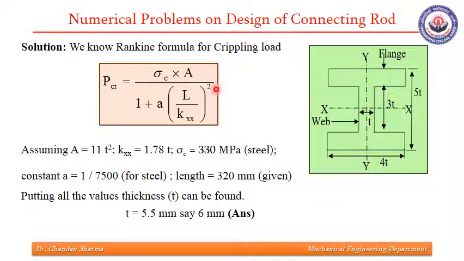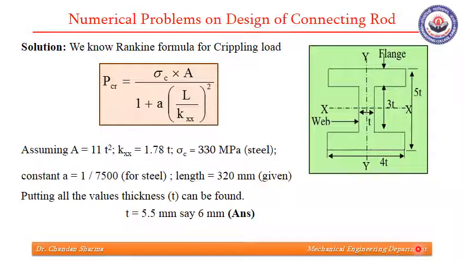Now we know that the I section is the most appropriate cross section for a connecting rod. We have discussed the reason behind it also. For a connecting rod to be equally strong in buckling about the XX and YY axis, the moment of inertia about the XX axis should be 4 times the moment of inertia about the YY axis.